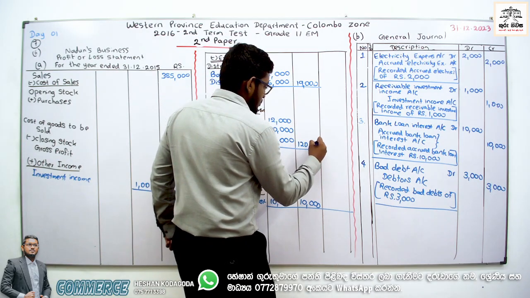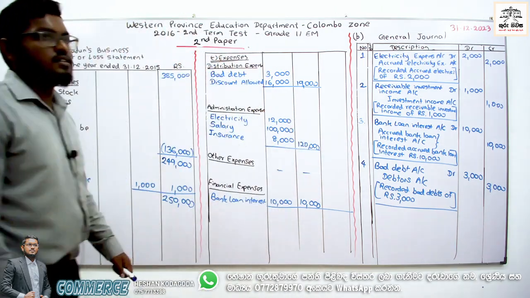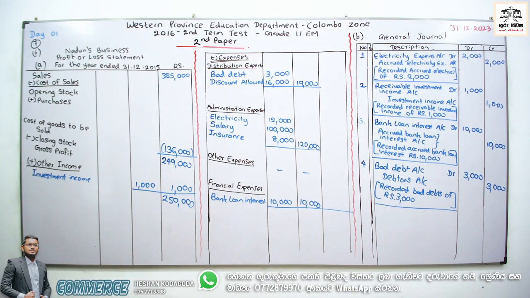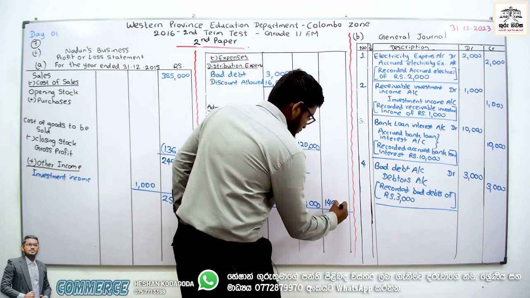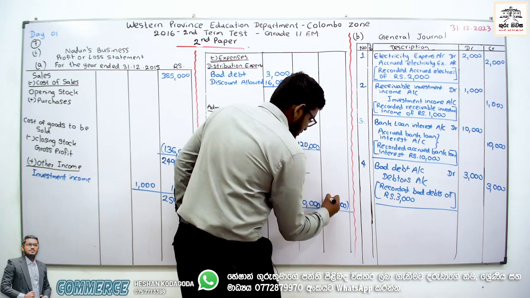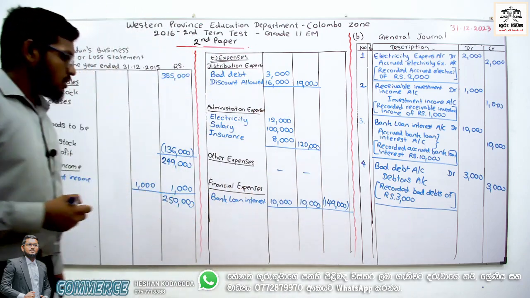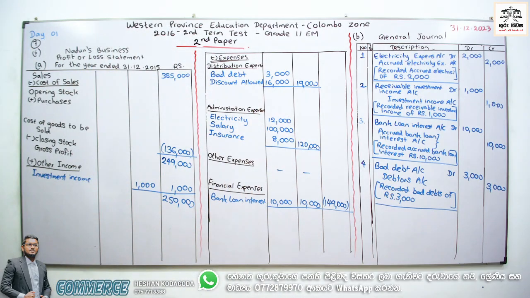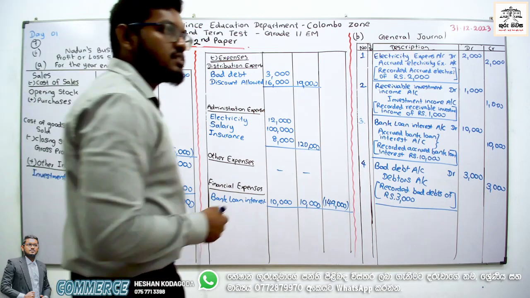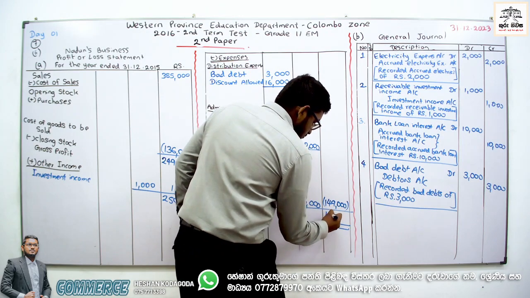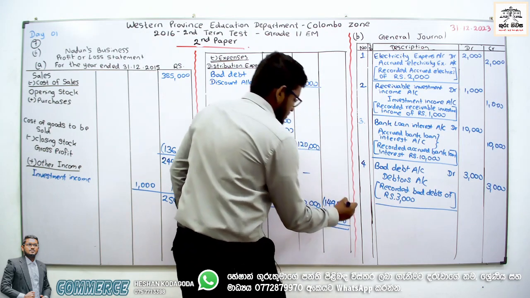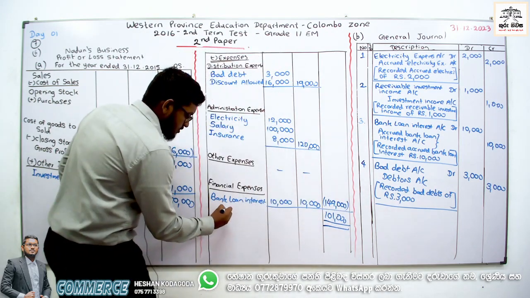So in here, 19,000 plus 120,000 plus 10,000 means 149,000. Once you deduct this from 250, you can calculate the net profit as 101,000. Am I correct? This is the net profit.